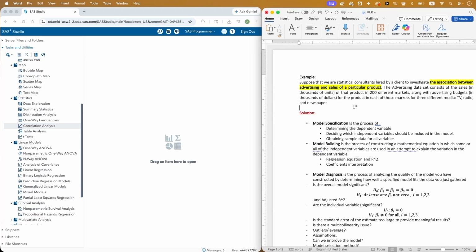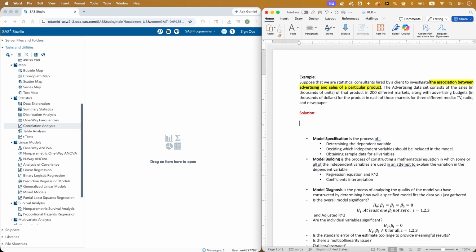When you study the association between two variables or more than two variables, here we are studying the association between the advertising and sales. The sales is my response. I'm trying to find the relationship between the sales and TV advertising, radio advertising, and newspaper advertising.